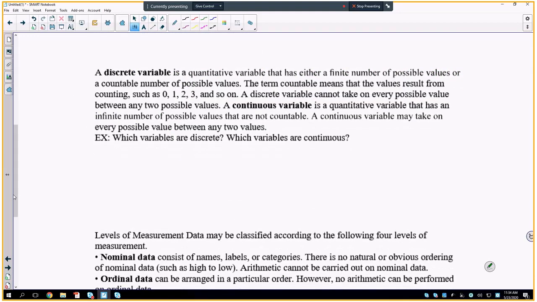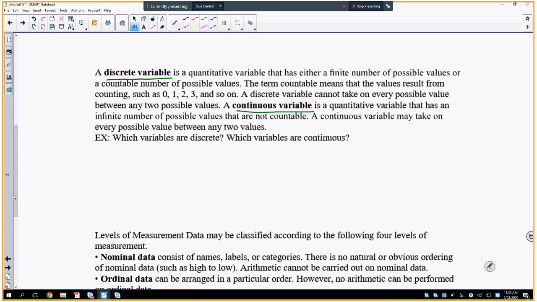Next, we'll talk about discrete variables versus continuous variables. A discrete variable is a quantitative variable, so it's a numerical variable that has either a finite number of possible values or a countable number of possible values. The term countable means that the values result from counting, such as 0, 1, 2, 3, and so on.